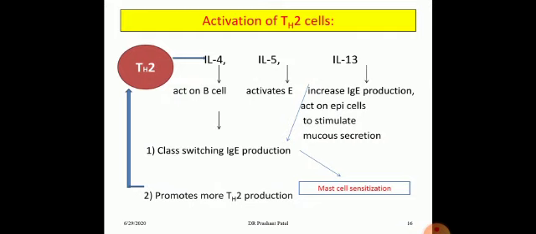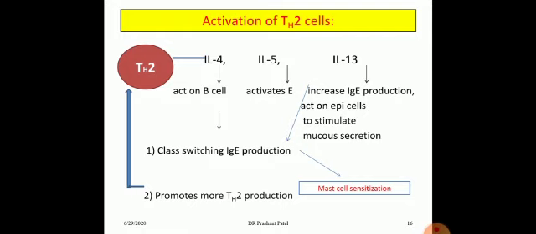The activation of type 2 helper cells has a crucial role in hypersensitivity reaction. They produce various cytokines like interleukin 4, 5 and 13. Interleukin 4 acts on B cells.